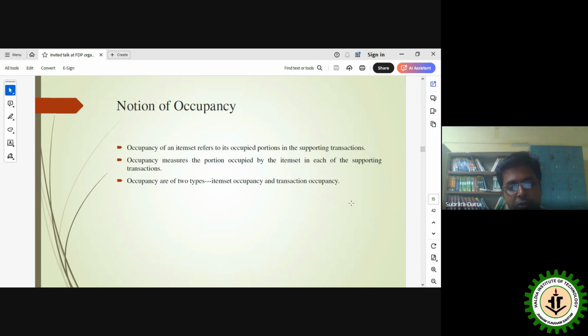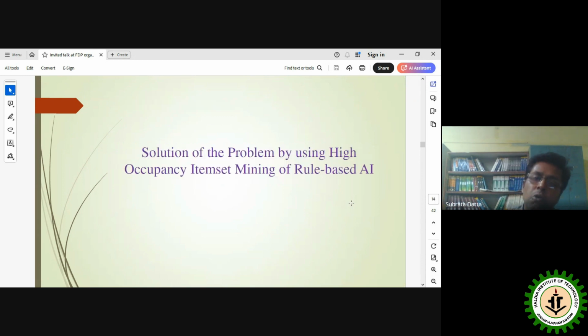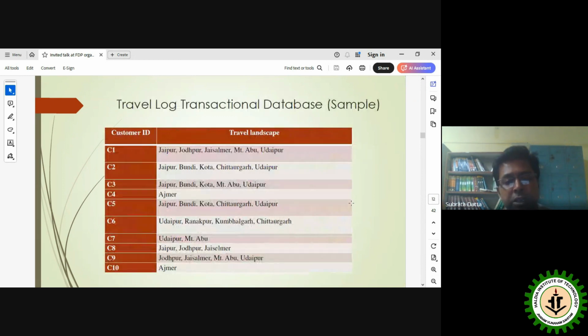What kind of transaction? If we go back to this particular table, each of these places will be an attribute, and each tuple will be considered a transaction.